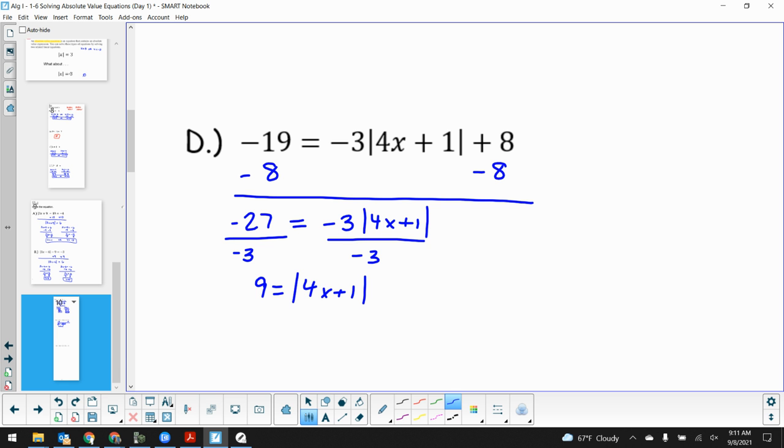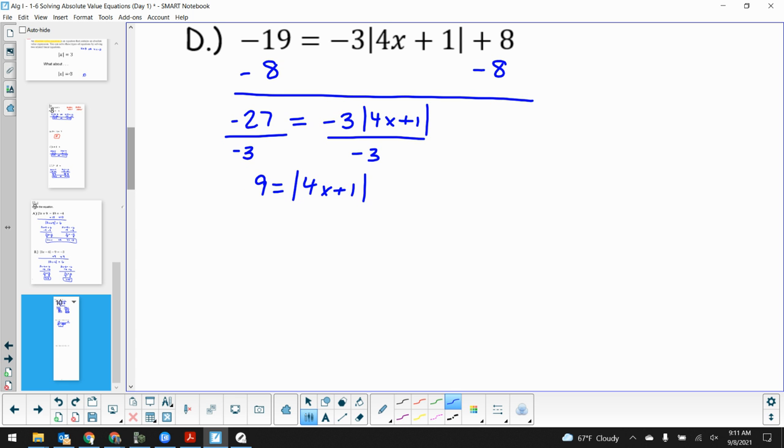Now I decide, okay, yes, this will have solutions. Absolute value equals positive. I'm good. Let's create our two solutions. 9 is equal to 4x plus 1. Negative 9 is equal to 4x plus 1. We subtract the 1 from both sides.